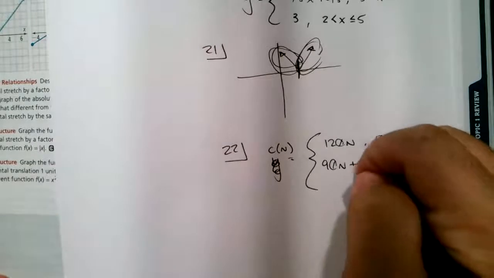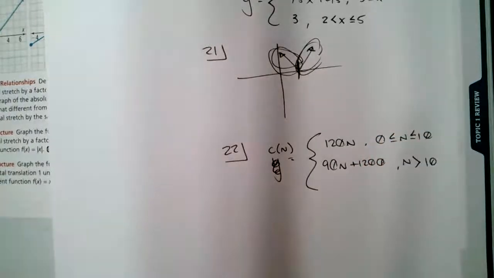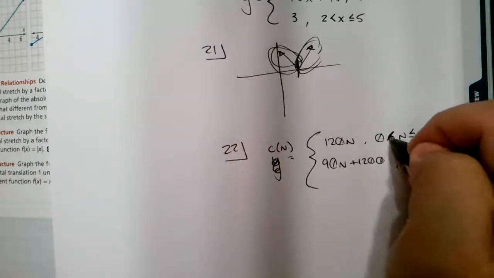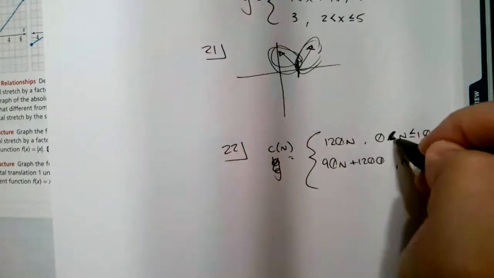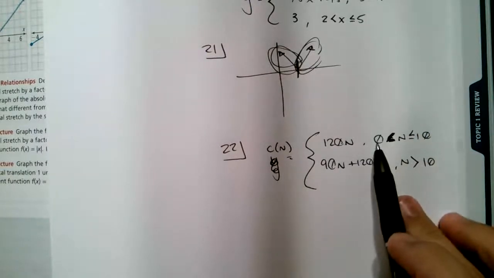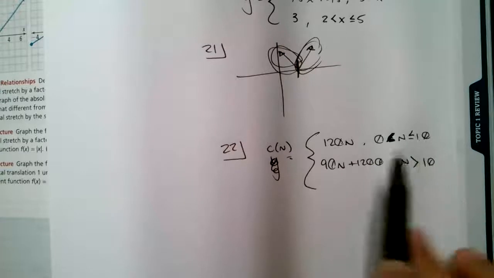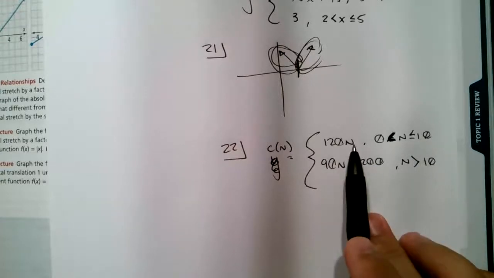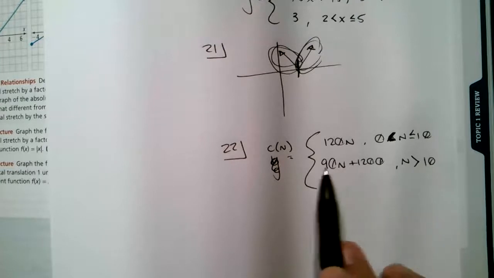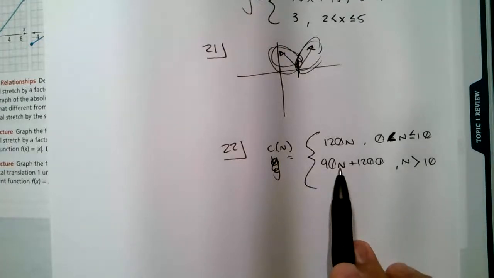But the thing you have to remember is if you're ordering more than 10 uniforms, that means you've already purchased 10 of these base price uniforms. So the only time I get this discount is if I've already ordered 10 of those $120 uniforms. So I've got to include that here. So if I ordered 10 of them, that would be $1,200.